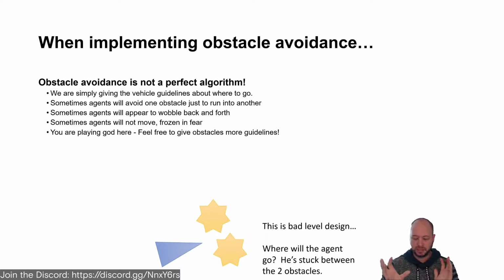So keep in mind that this algorithm is only as good as the constraints and the environment that it's placed in. For example, below, you'll have a situation where an object doesn't know which way to steer because both of these objects are in its path, one on the right and one on the left. It's going to apply forces in both directions maybe, and then just keep going straight and hit both of them. And that's not the intention.